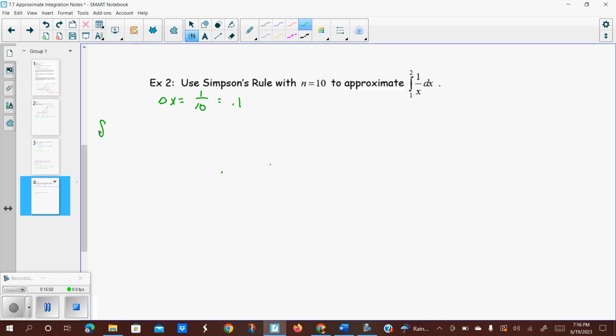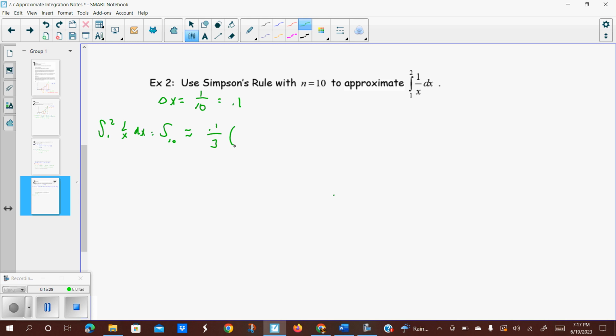All right, so our integral from 1 to 2, 1 over x dx, can be approximated using Simpson's rule with 10 subintervals as delta x, which is 1/10 or 0.1, over 3. And it will always be dividing it by 3. Again, that proof is in the book.